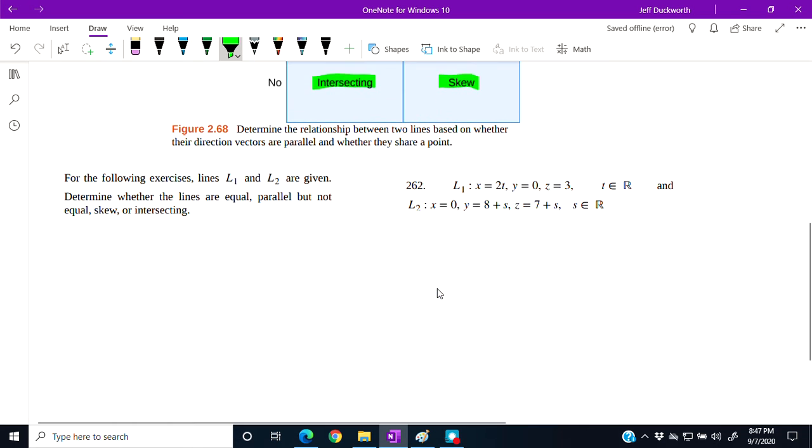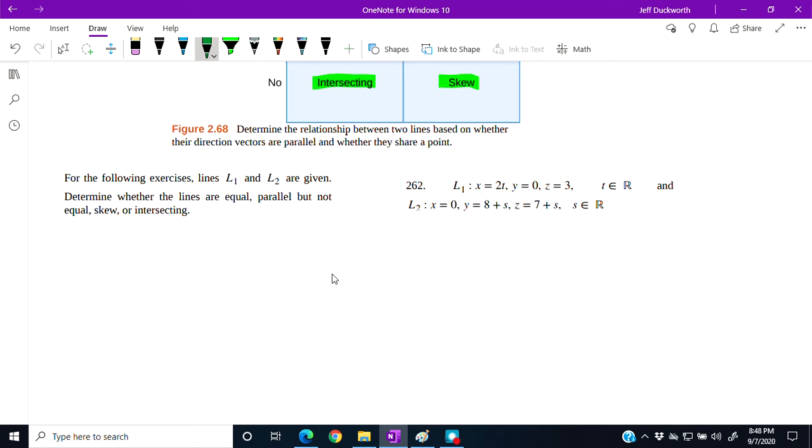So problem number 262 here, we're given two lines, L1 and L2, and we have to determine whether lines are equal, parallel but not equal, skew, or intersecting. So we have L1 given as the x, y, and z values are given.